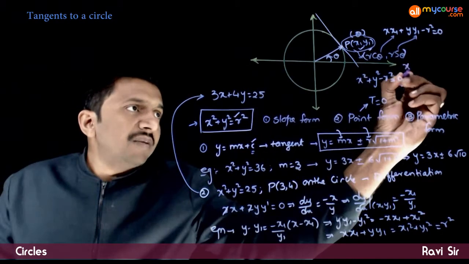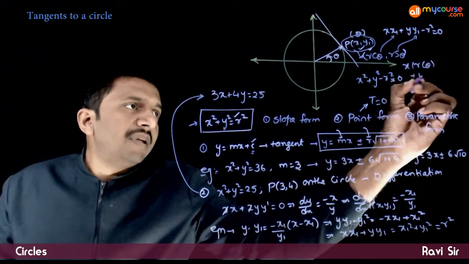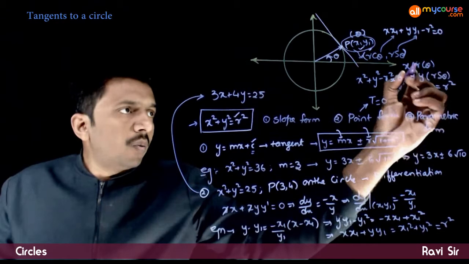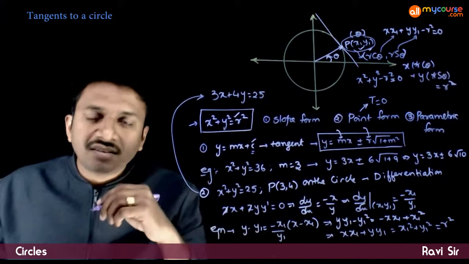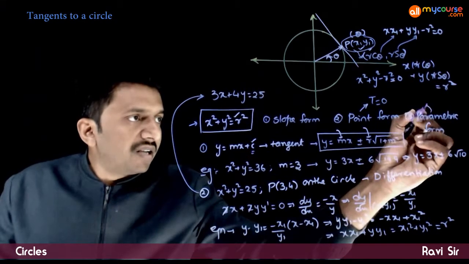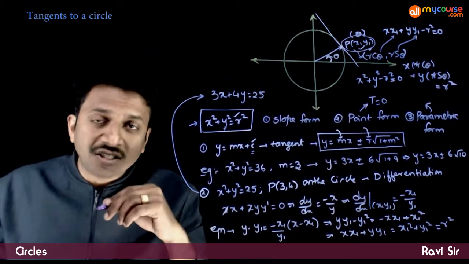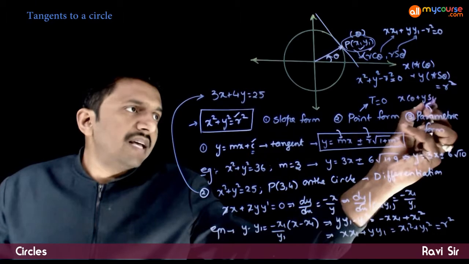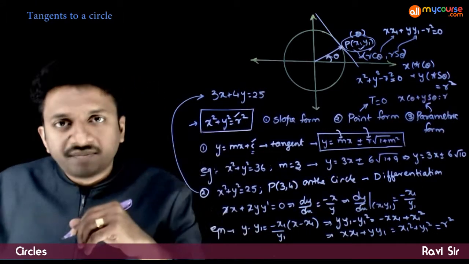So x times r cos theta plus y times r sin theta is equal to r square. One r will get cancelled. So what is the parametric equation of the tangent to a circle? x cos theta plus y sin theta is equal to r.